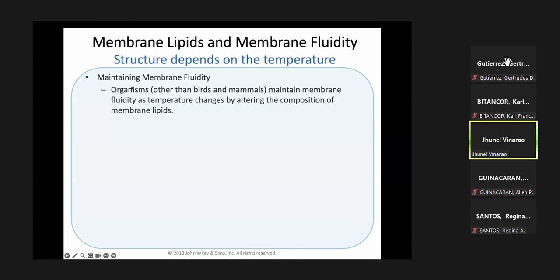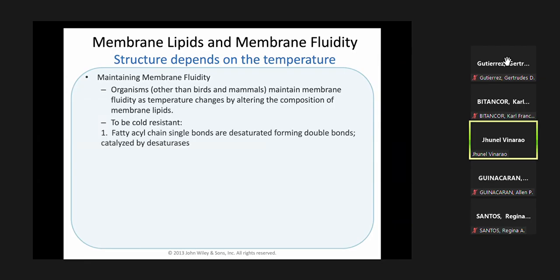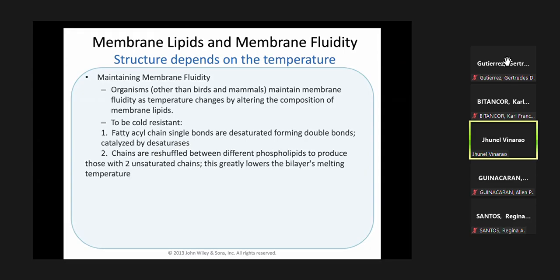And maintaining membrane fluidity. Organisms other than birds and mammals maintain membrane fluidity as temperature changes by altering the composition of the membrane to be cold resistant, and fatty acyl chain single bonds are desaturated, forming double bonds. Chains are reshuffled to produce two unsaturated chains.